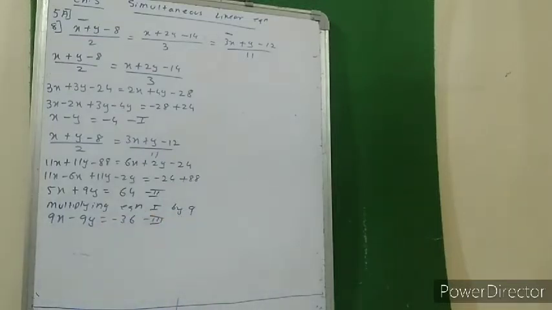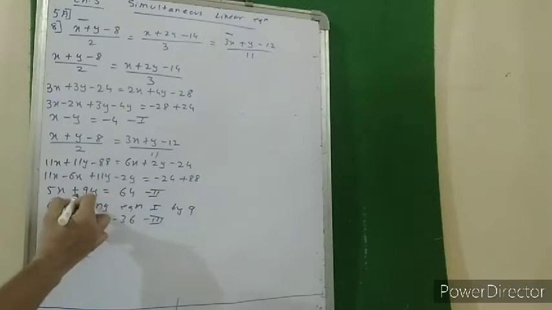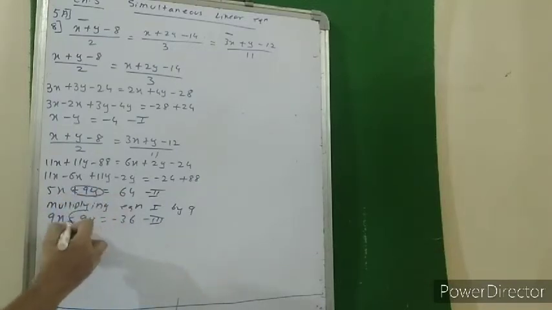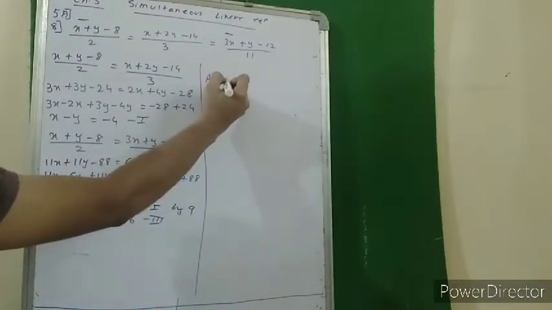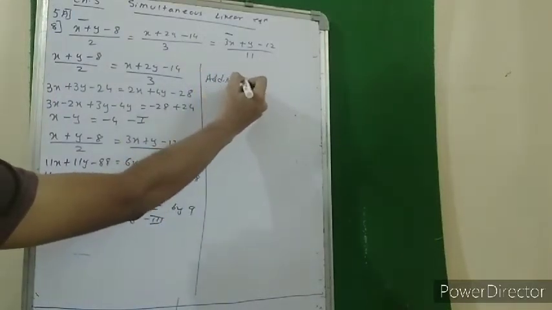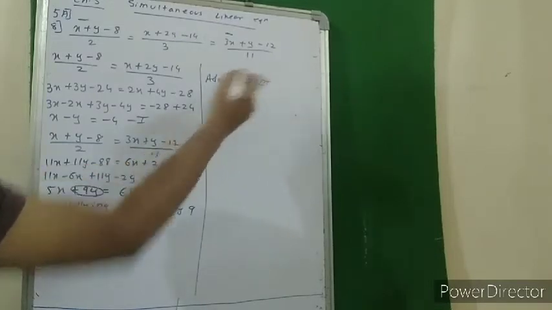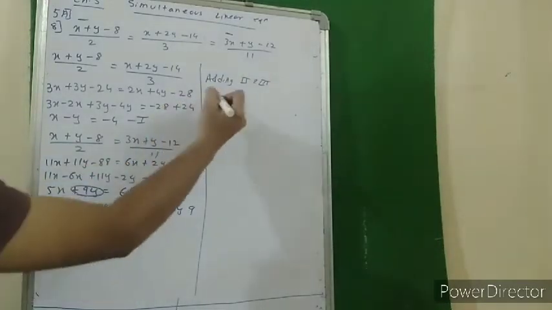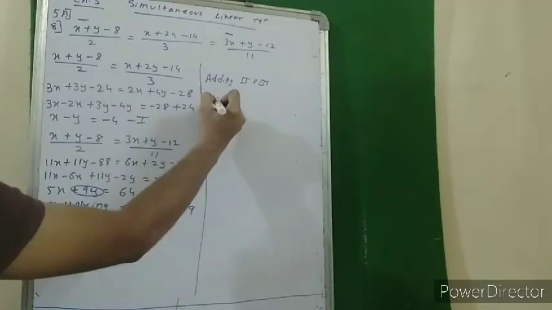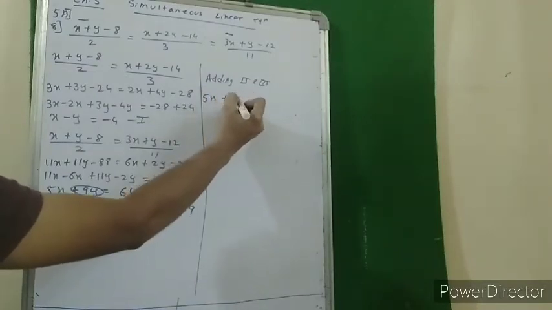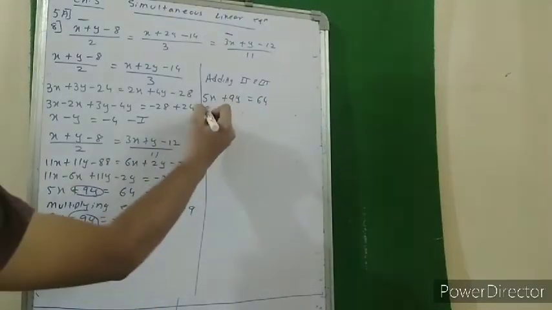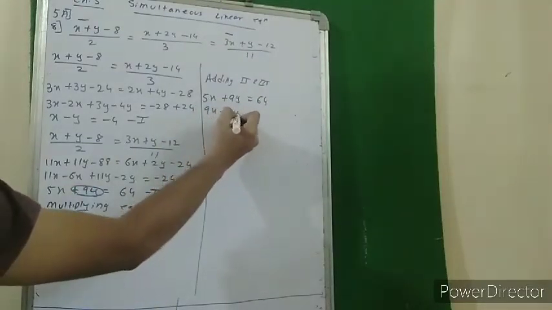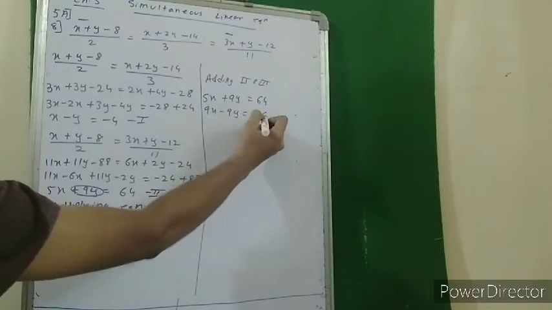Okay. If you observe equations 2 and 3, we have plus 9y and minus 9y. So adding 2 and 3. What is 2? 5x plus 9y is equal to 64, and 9x minus 9y is equal to minus 36.